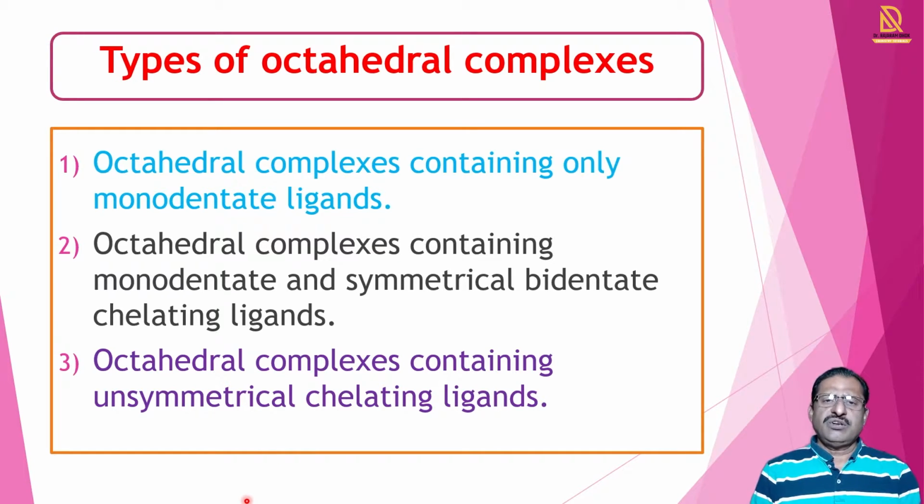In the third type, the central metal ion or atom is attached by unsymmetrical ligands. These three types are made for our convenience and easy understanding. One by one, we see the first, second and third type.